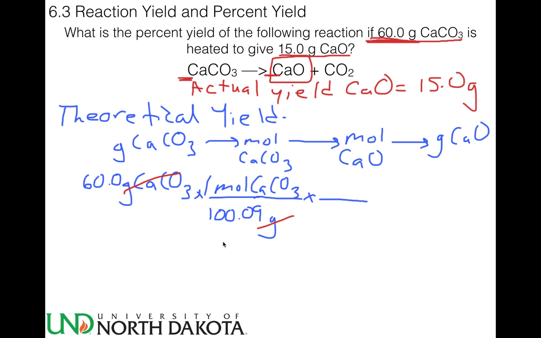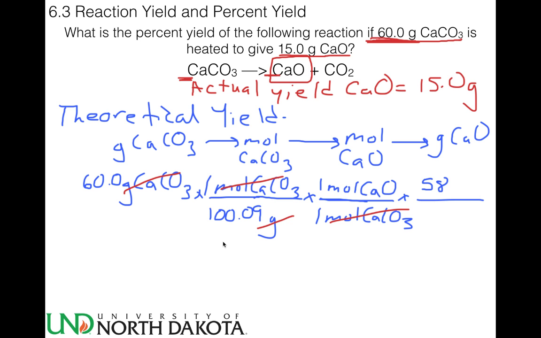So numerically it won't make a difference, but I'm still going to include it so we see how those units cancel out. 1 mole of calcium oxide on top, 1 mole of calcium carbonate on bottom, which will then cancel out. Now we're talking about moles of calcium oxide, and to get to grams, we use the molar mass, which is found to be 56.08 grams.